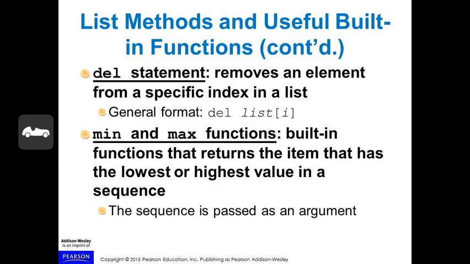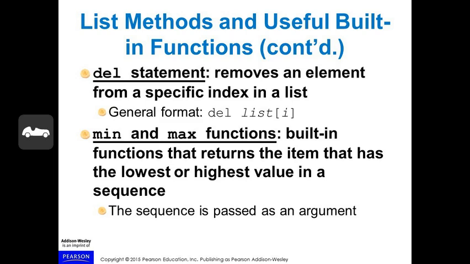And here are some functions that we can use on lists. The first one is the del statement. It's not a method, it's a statement. We have seen the remove method earlier, which removes a specific item from a list. If that item is in the list, it gets removed.